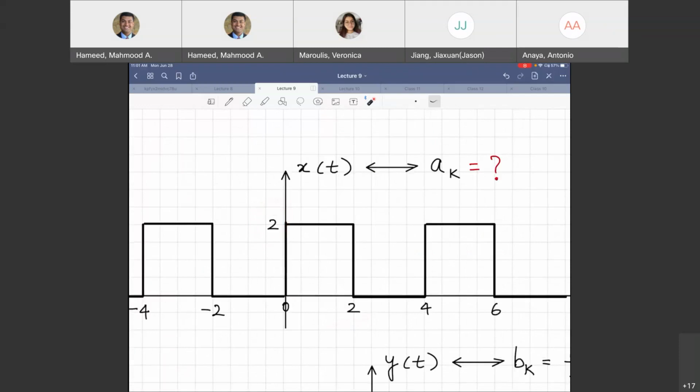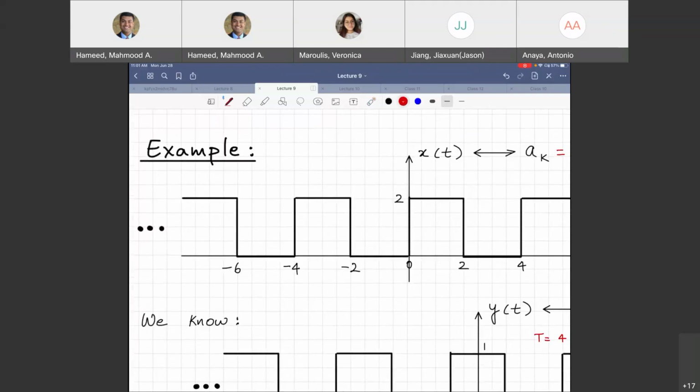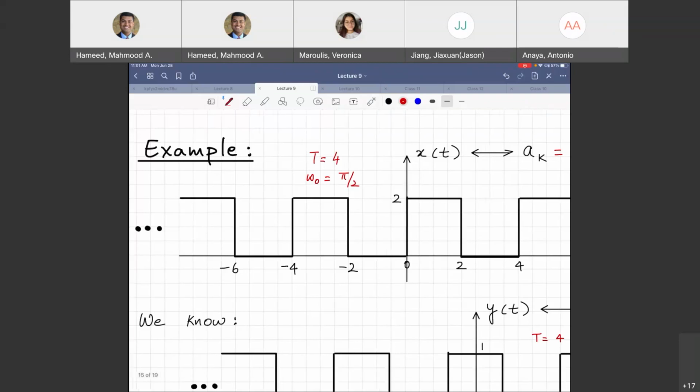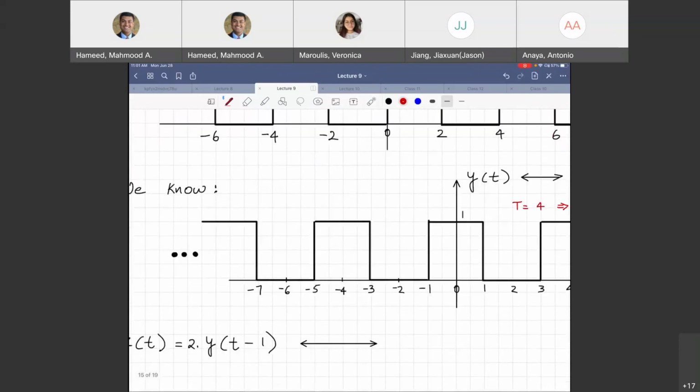Let us try to find the time period and omega naught first, because that's what we do. What is the time period for this? Four, and omega naught will be pi over 2, right? What do we know from a standard result? We know this.